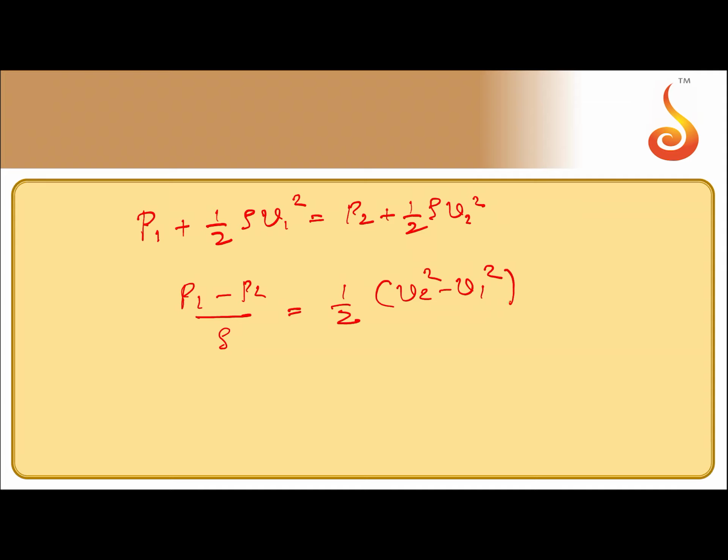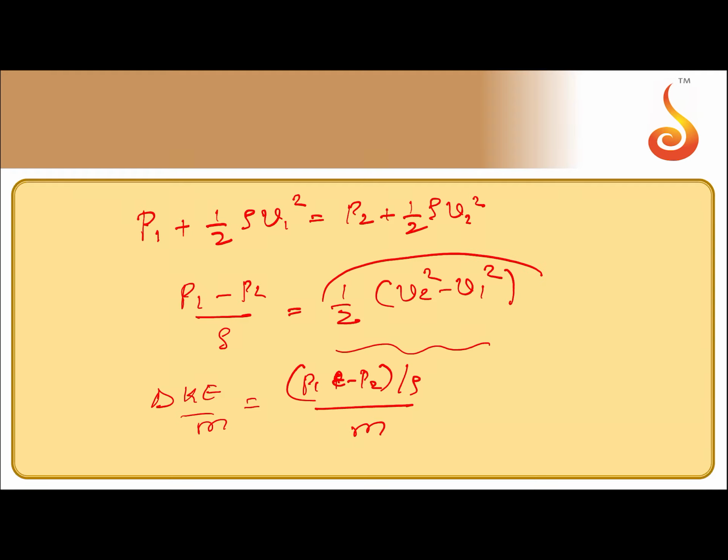So if I look at this, delta, the change in kinetic energy per unit mass. Remember, I have to divide it by mass. So we have (P1 minus P2) divided by rho divided by m. This is nothing but change in kinetic energy divided by mass, per unit mass.